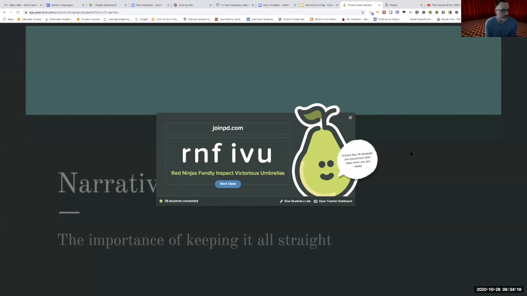So again, we're taking a look at three-act structure, which most plays, movies, especially dramatic writing, is most usually built on.